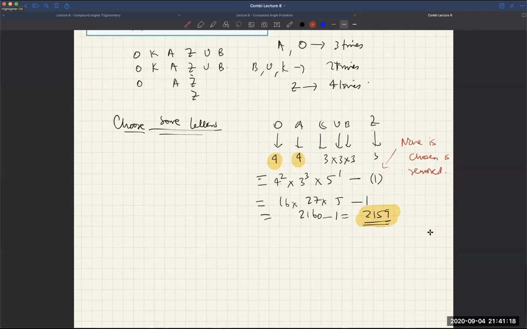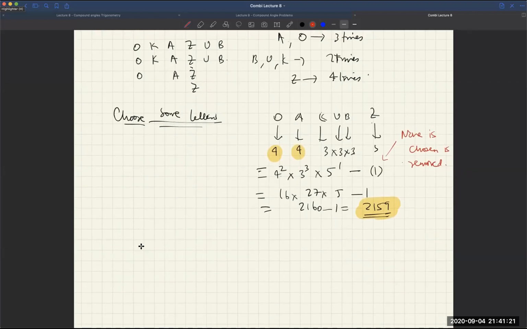Yes. So can I say this is exactly the same as the generating function, where contributions coming from O and A will look like this, contributions coming from K, U and B will look like this, the whole cube, and from Z it will look like this.